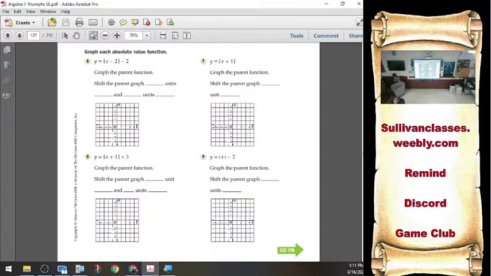This is a negative 1, so I'm going to move 1 unit. It's negative, and it's outside. These are up and down. So negative outside, I'm going to move 1 unit down. So this point that would have been here, I'm going to move it 6 right and 1 down. 2, 4, 6, down 1.